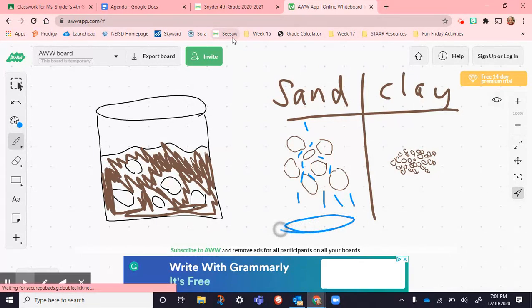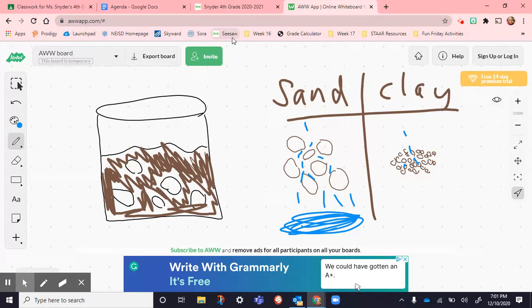And you'll have quite a bit of water go through that type of soil. But with clay, these are so closely packed that some water will come out, but a lot of the water will be retained or held on to by the soil. So you won't have nearly as much water drain out.